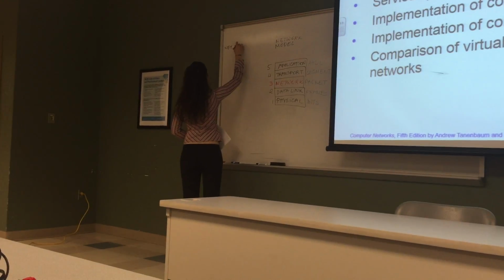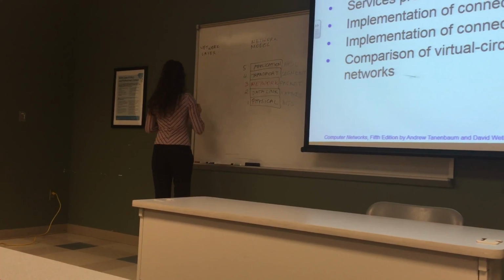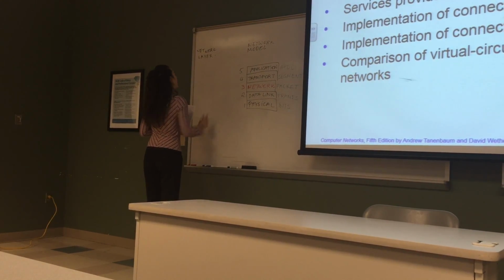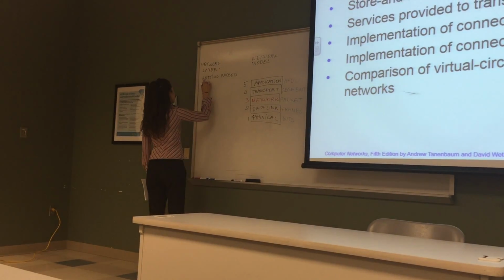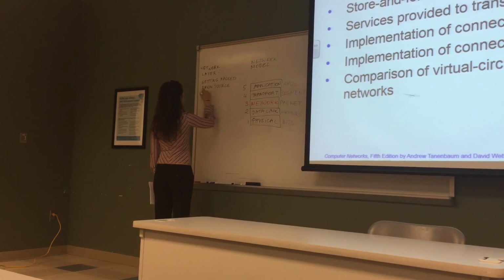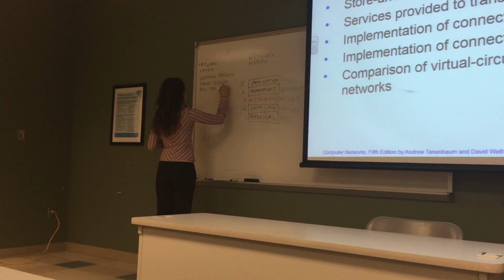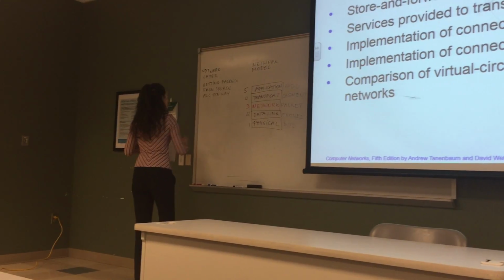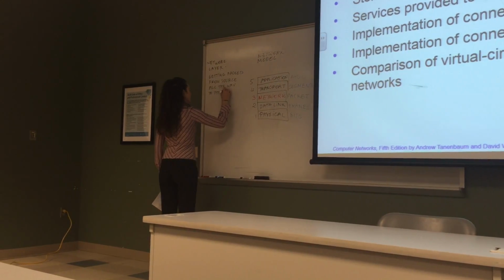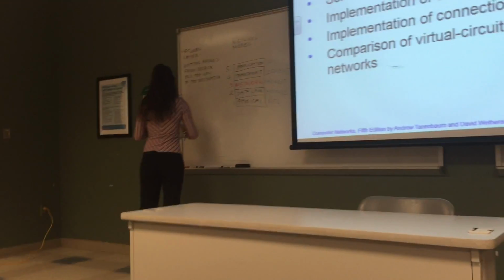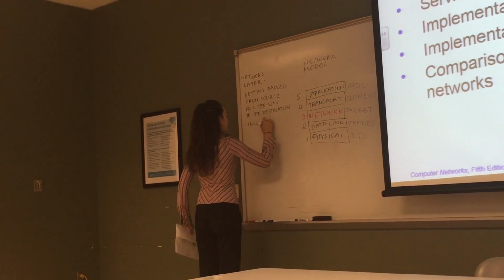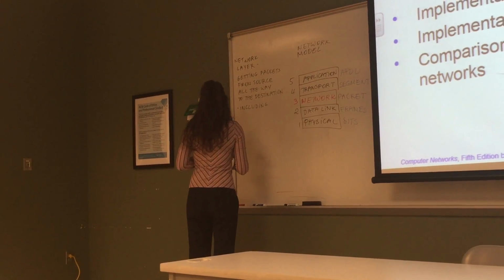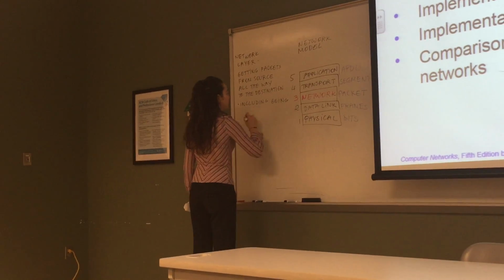So the network layer is concerned with getting packets from source all the way to the destination, including going through many hops or intermediate routers on the way.